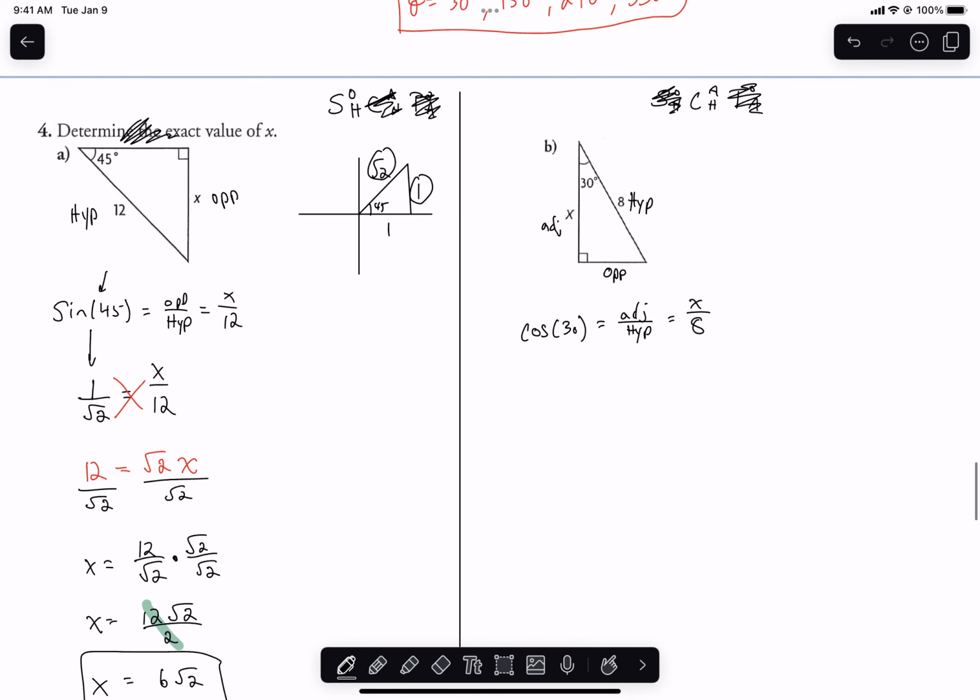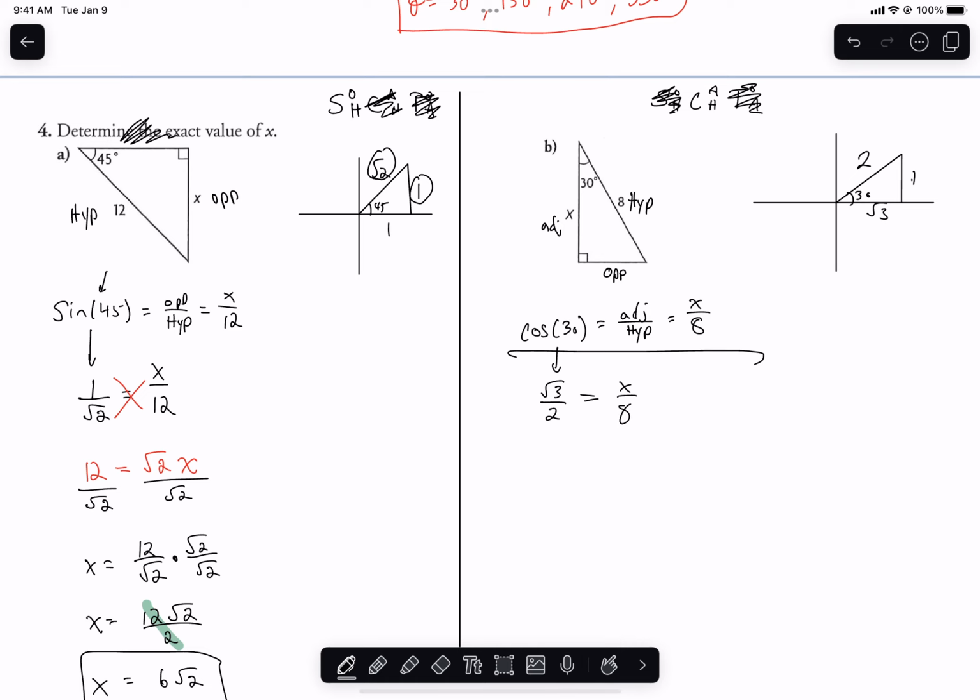And then you know from class, again, just like the 45-degree triangle, that if I drew the 30, 60, 90 triangle, where the 30 is relative to the initial arm, that must make the sides 1, 2, and root 3. And so the cosine of 30 is actually going to simplify down to adjacent over hypotenuse, which is root 3 by 2, which has to equal x by 8 by the statement above.